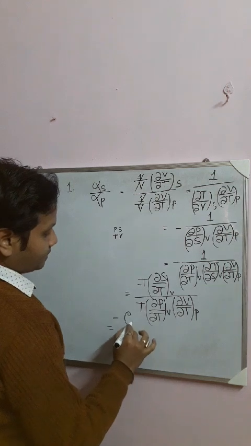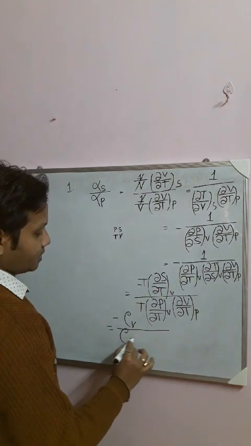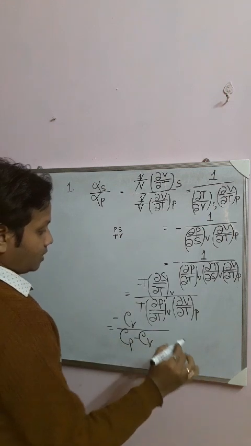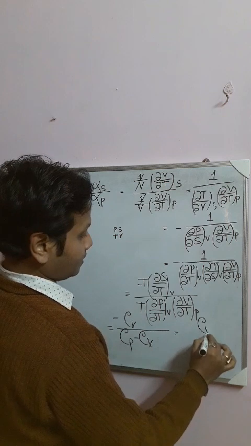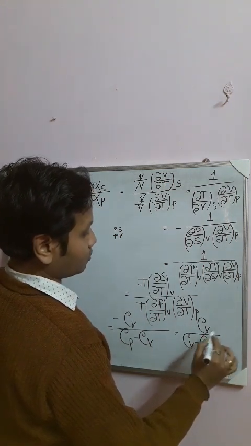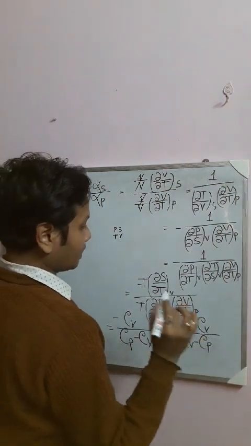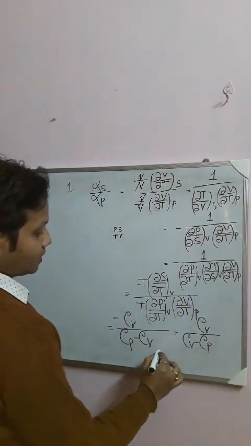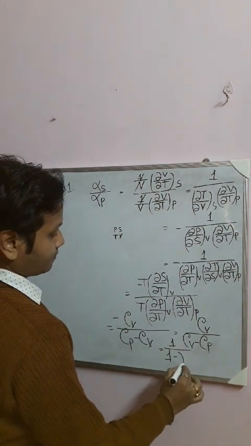This is simply Cv, and we all know that this means Cp minus Cv. We derived it previously. If we eliminate this minus sign, it would become Cv by Cv minus Cp. If you divide both sides by Cv, you get 1 by 1 minus gamma.